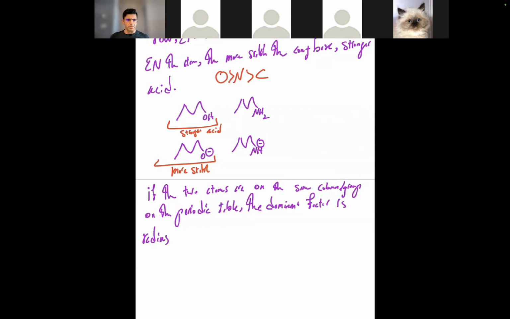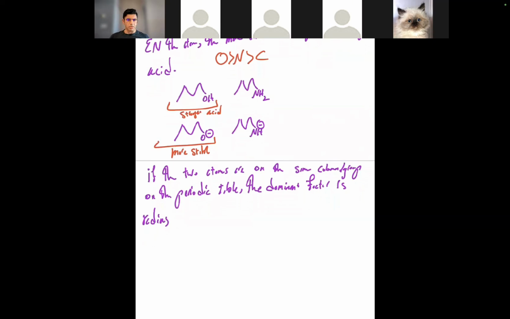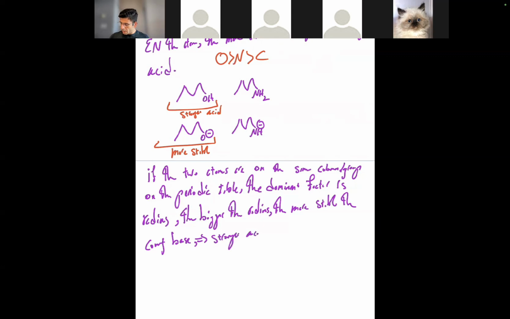But I don't think they call it polarizability in this course. Again, same thing. Who cares what they call it anyways? So the dominant factor is radius. The bigger the radius, technically the more stable the conjugate base, which means stronger acid.